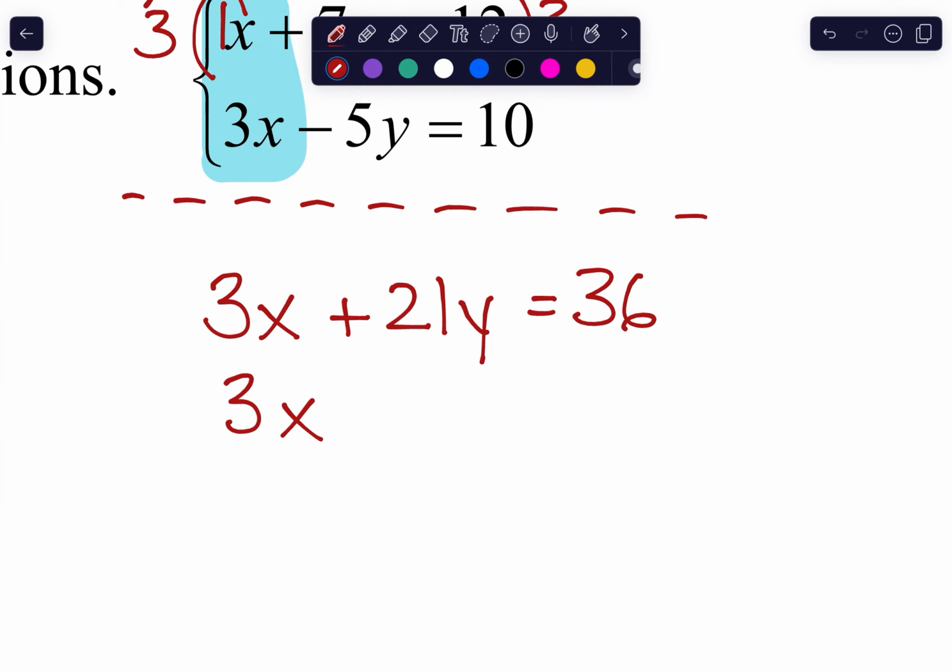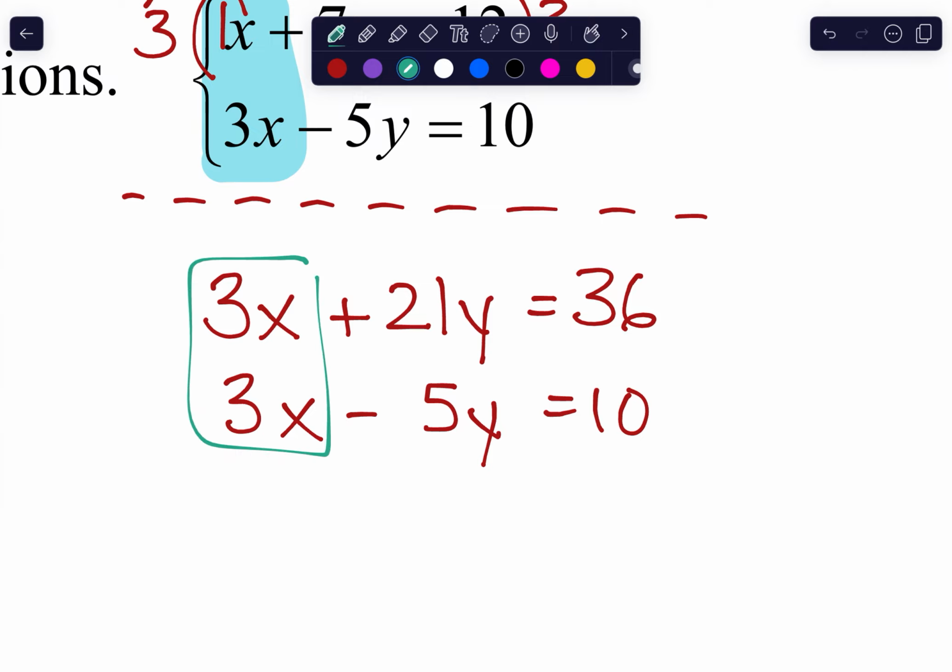The bottom equation, we take 3x minus 5y equals 10. And then we look and we say, okay, these are the same. And when they are the same, we subtract.